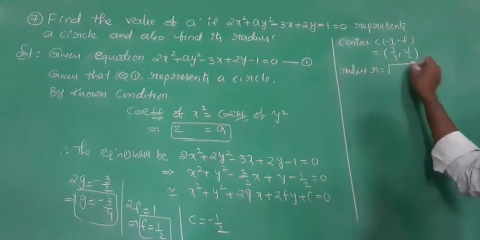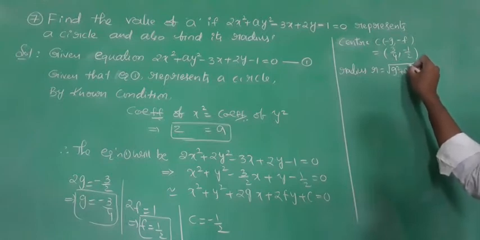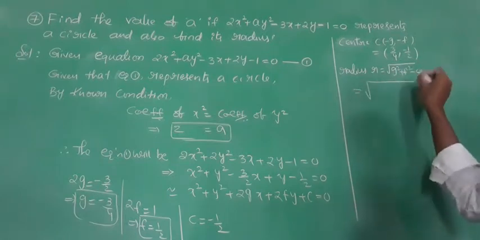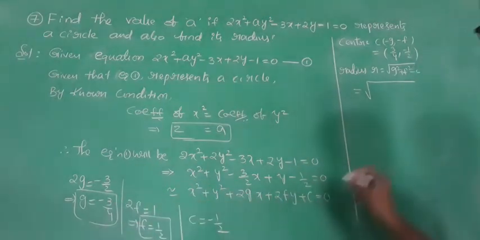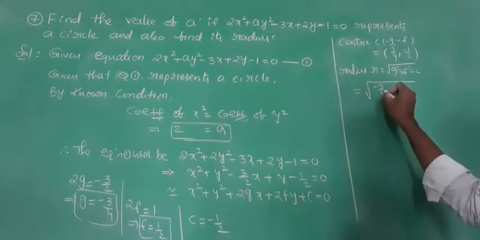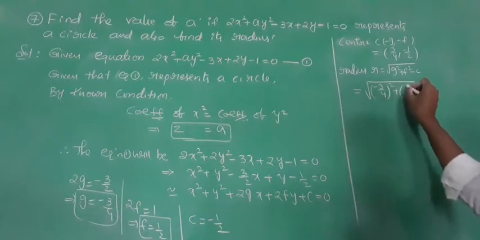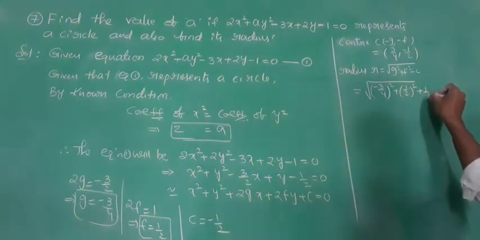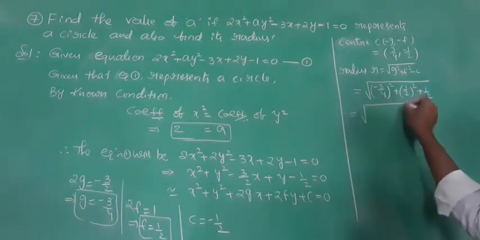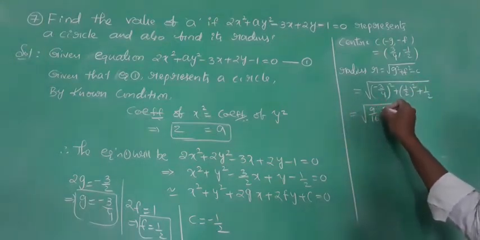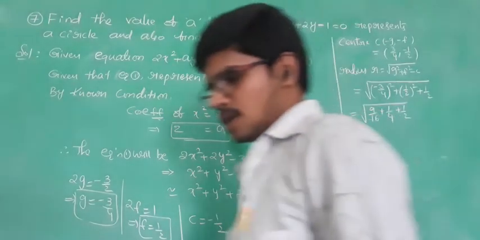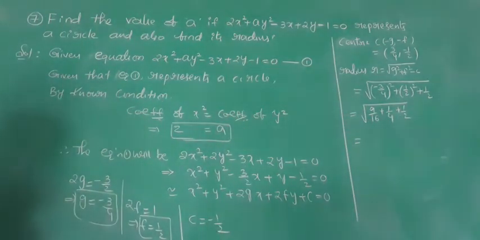And radius r is equal to root over g square plus f square minus c. So that is equal to root over minus 3 by 4 whole square plus 1 by 2 whole square minus of minus 1 by 2, that is root over 9 by 16 plus 1 by 4 plus 1 by 2.